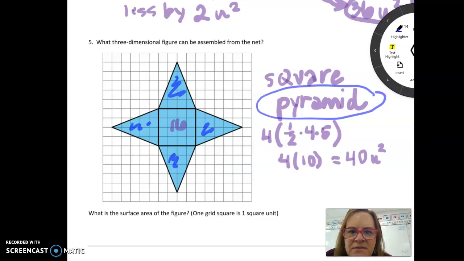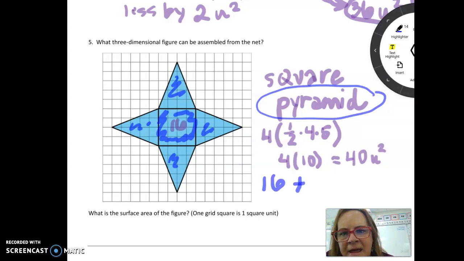And to find the surface area, we're going to add up the area of all of the faces. So I have a 16, right, for my base. And then I'm going to have to add up all of these triangles. So I know that there's 4 of them, and each triangle is found by taking 1/2 times the base times the height.